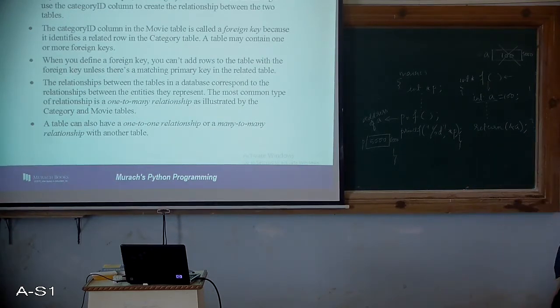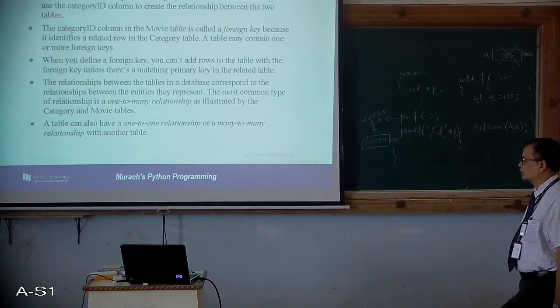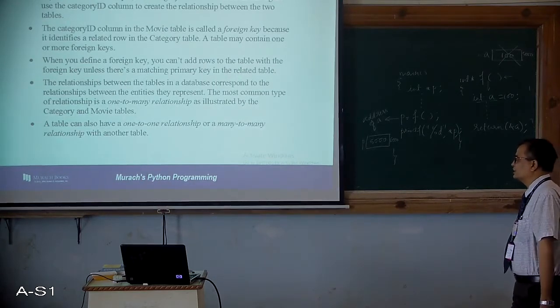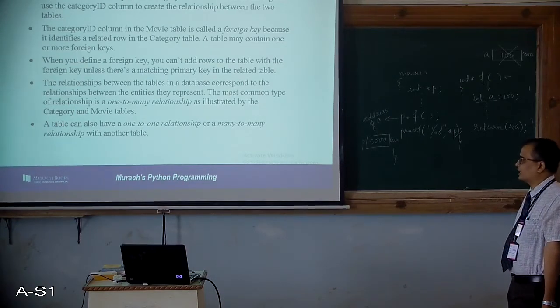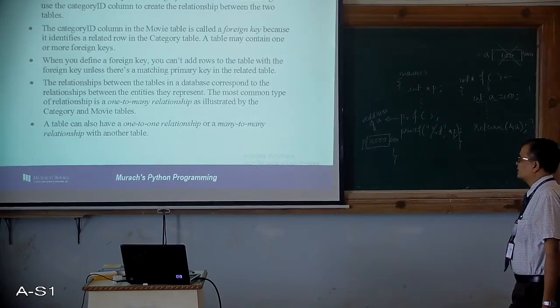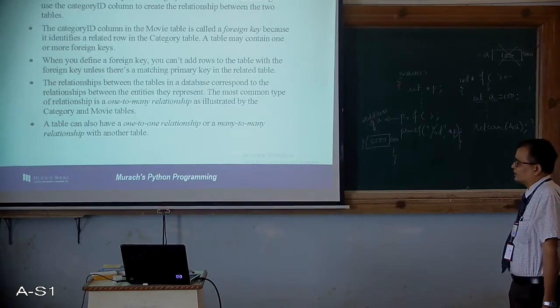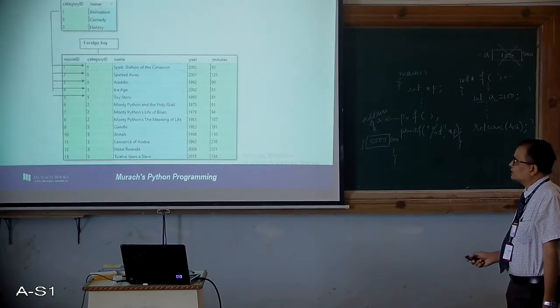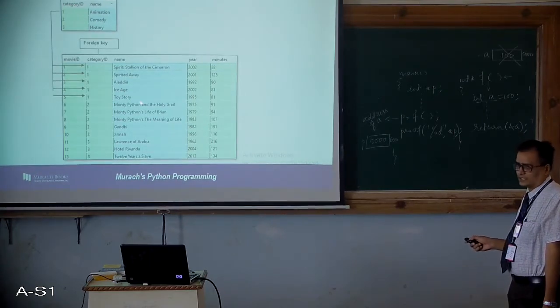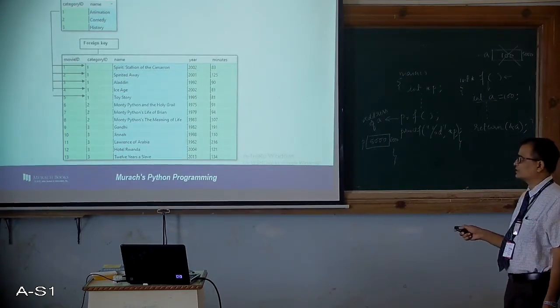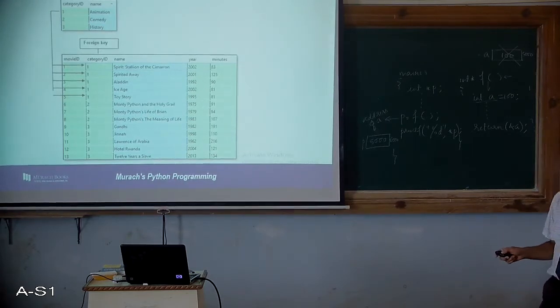The relationship between tables in a database corresponds to the relationship between the entities they represent. The most common type of relationship is the one-to-many relationship that is illustrated by the category and movie tables. So in this table you can see there is one category which is relating to multiple rows in the movie table. That is the reason why this particular relationship is called one-to-many.